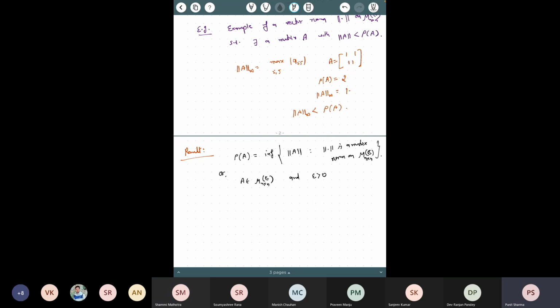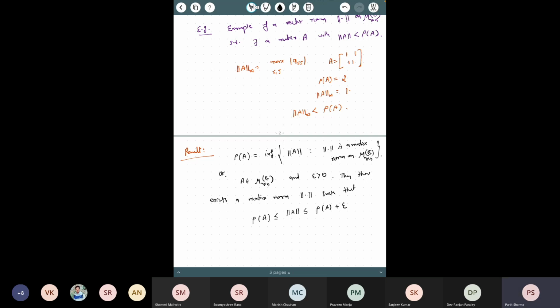So if A is a matrix and epsilon is any positive number, then I will show that there exists a matrix norm such that this matrix norm of A is less than or equal to rho A plus epsilon, because we already know that rho A is a lower bound.